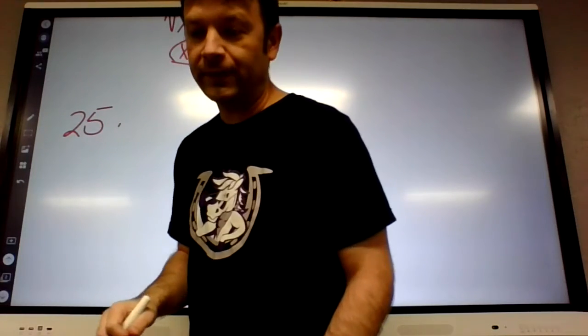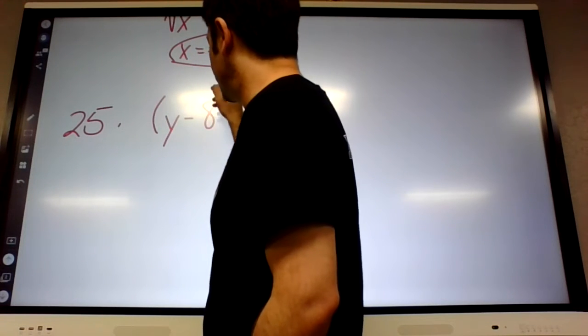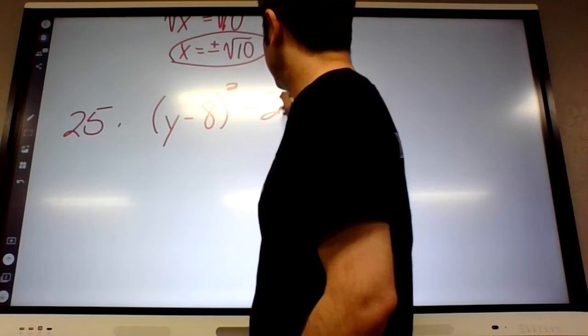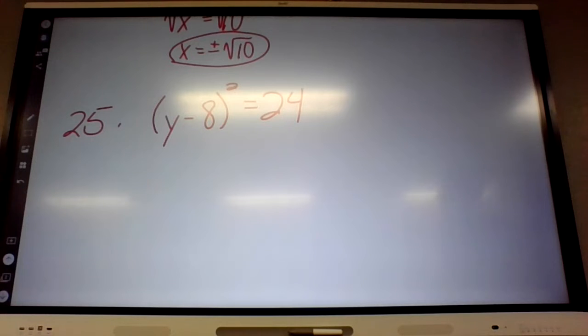Okay, number 25. I wanted to throw one of these in just to make sure we know how to do it. Anybody want to guess what I'm going to do first? You could FOIL, but that's going to take a lot of extra work we don't need to do.